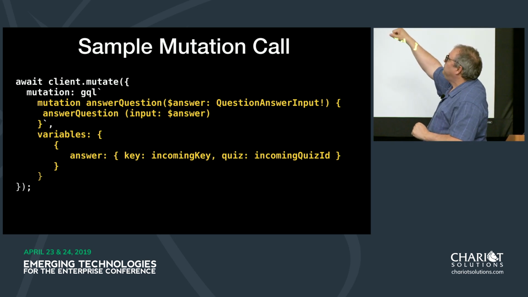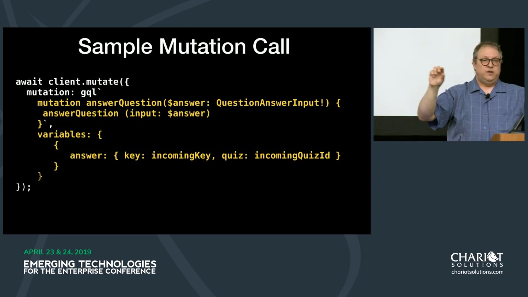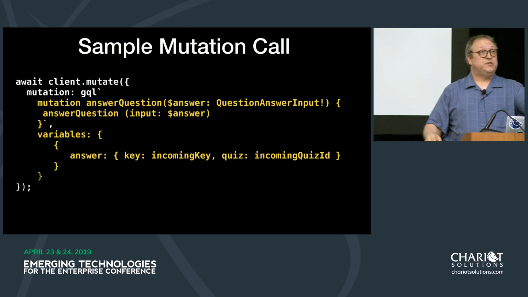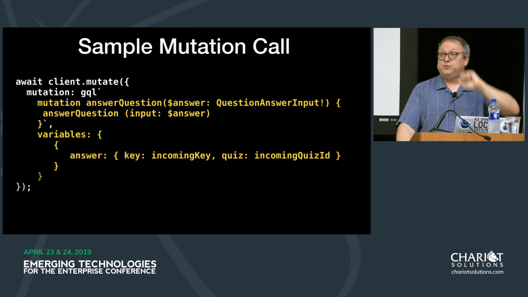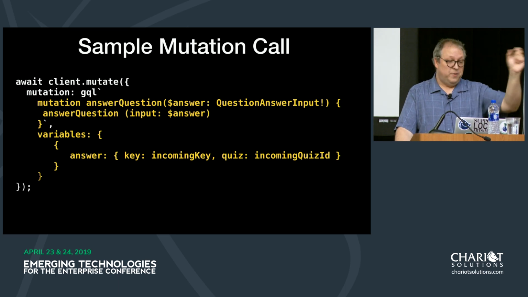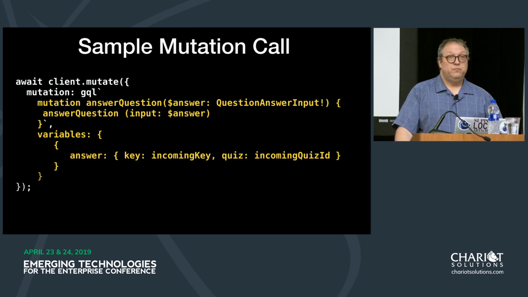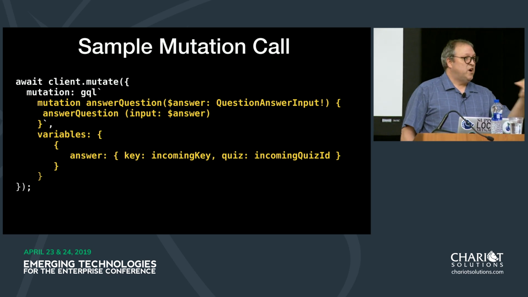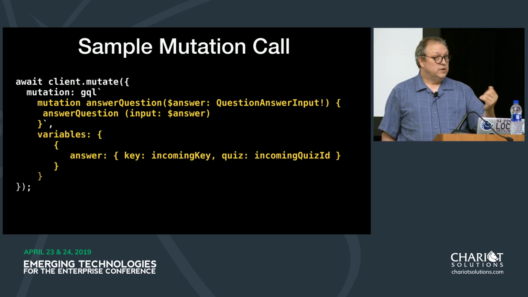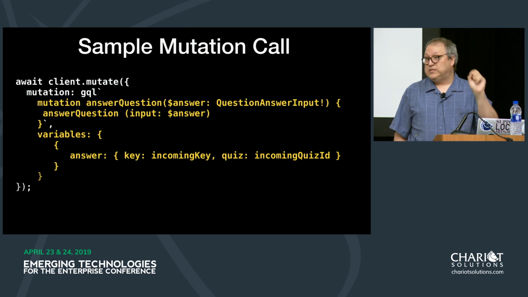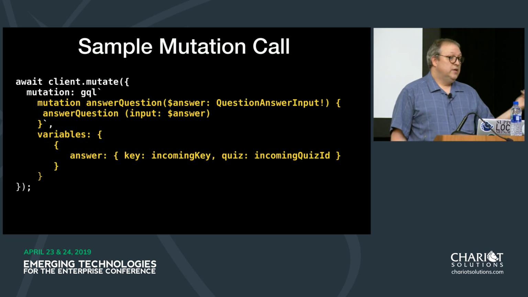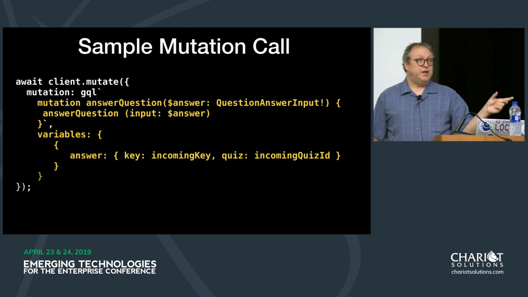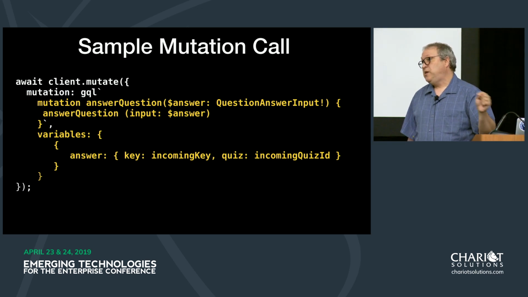But the point being, in the first line, you say, okay, I've got this particular variable that I'm going to substitute, and here's the type of it. That's an input type. So bottom line is I'm creating a query. I'm happy to call a mutation query called answer question. I'm feeding it a variable called answer, and it does have to start with a $ sign. That's part of the syntax. And that is of type question answer input, and it's required in the schema.